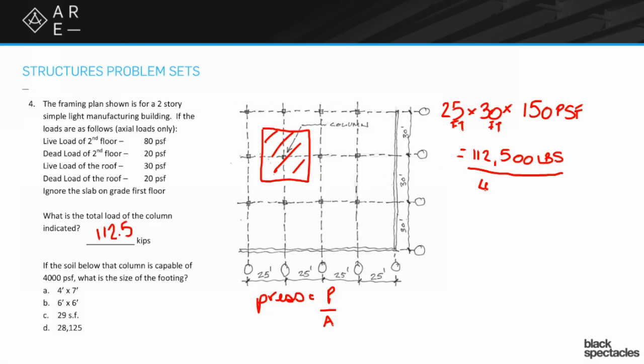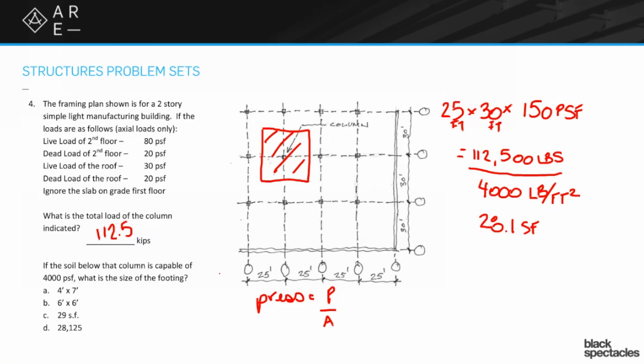I wrote out the load up here in pounds, and I wrote out the units longhand so that you can see how, when we do the math, you get an answer in feet squared. When you do this math, it ends up being 28.1 square feet.